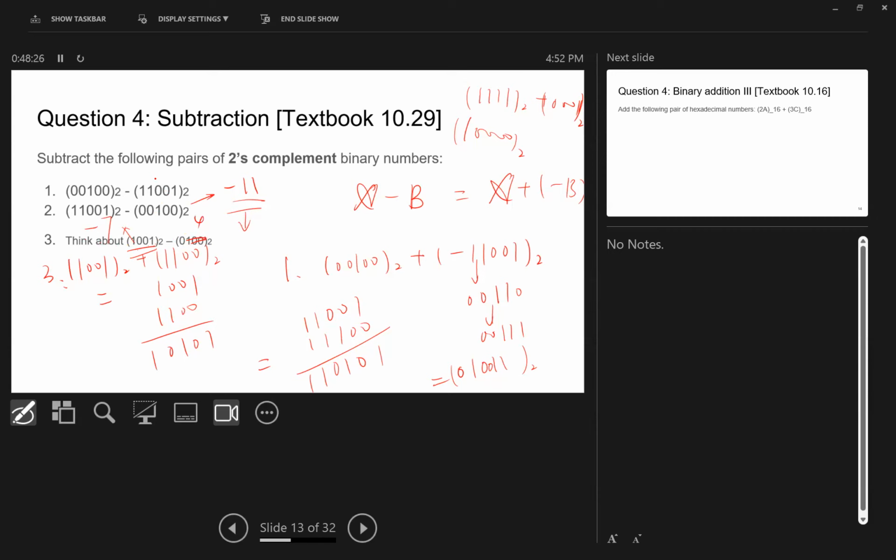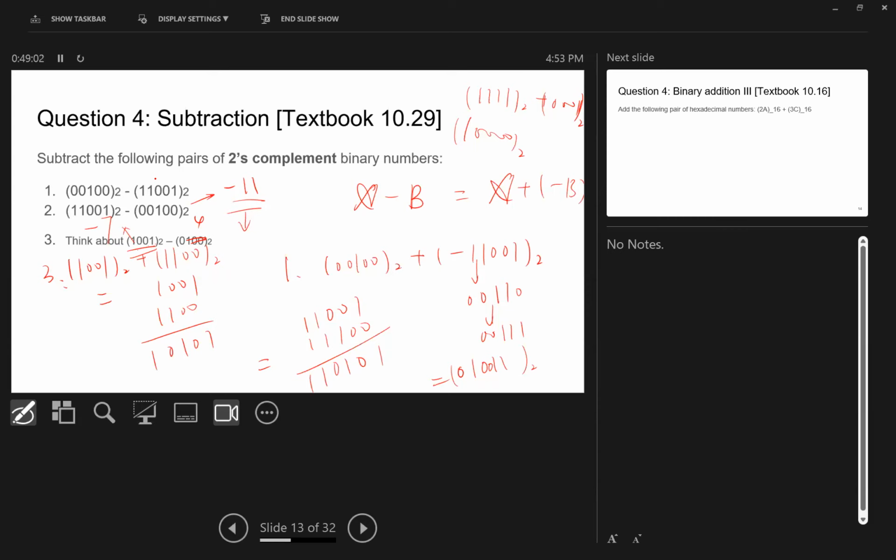The subtraction result should be -11. But the smallest number we can represent in 4-bit 2's complement representation is -8, right? So the subtraction result -11 exceeds the minimal number we can represent. So it means that the overflow bit makes sense. Is it clear?